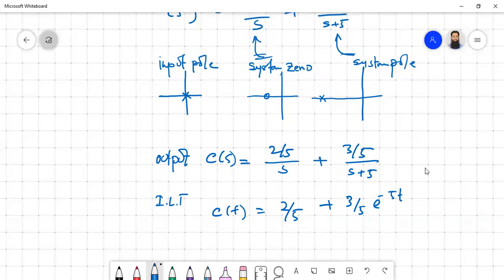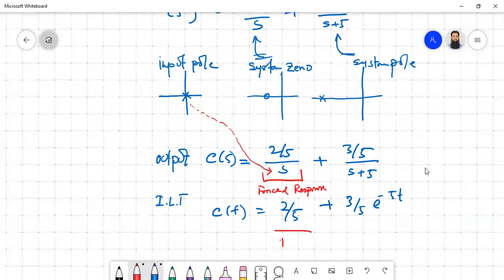Now let us look at the contribution of each term. This is the input pole. This portion is because of the input, and we know that if it is coming from the input, then it is the forced response. So this is the forced response.